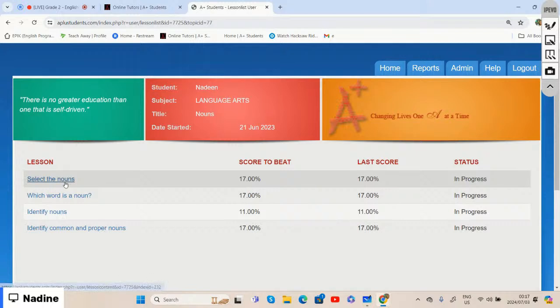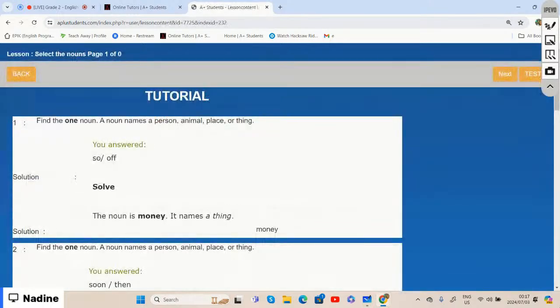All right, and we're going to select the noun, right? So we're going into our first lesson, which is to select the nouns.